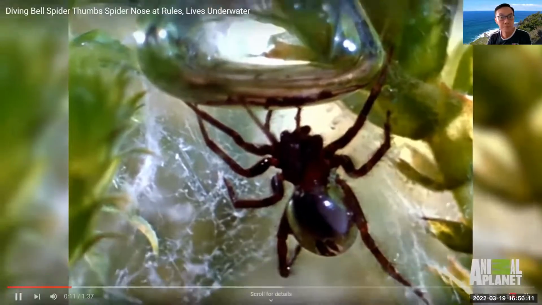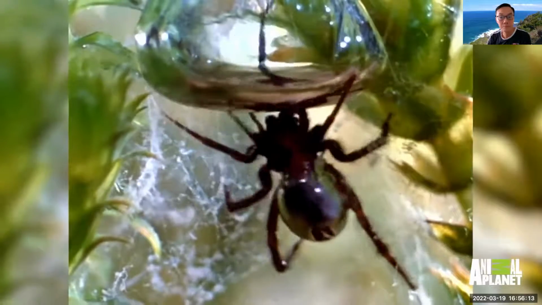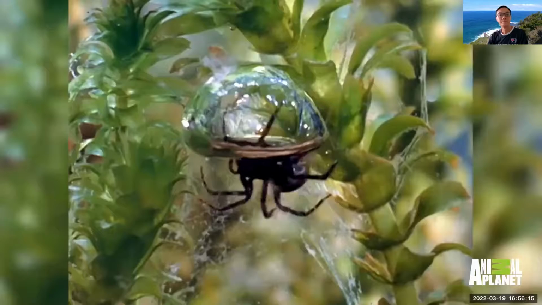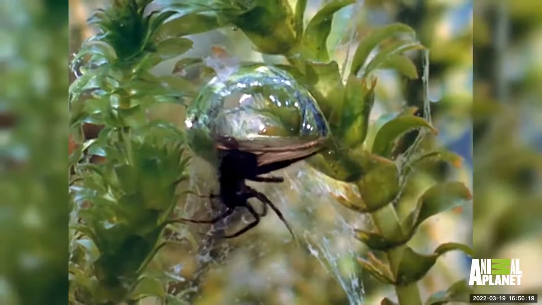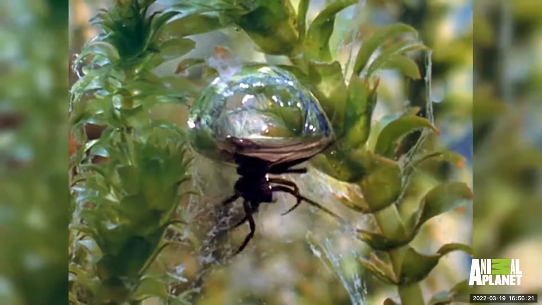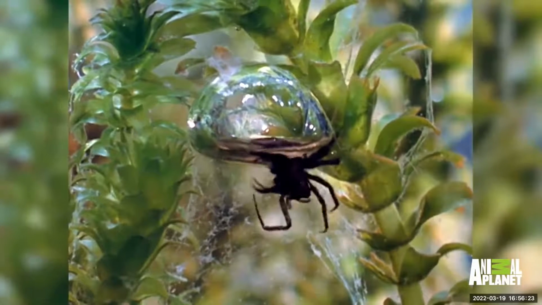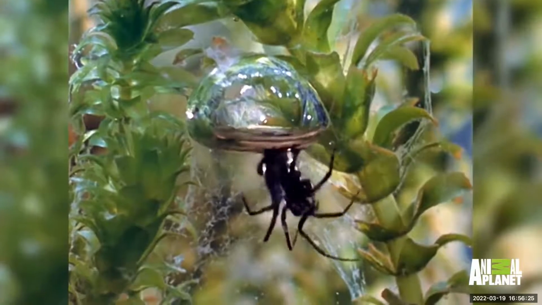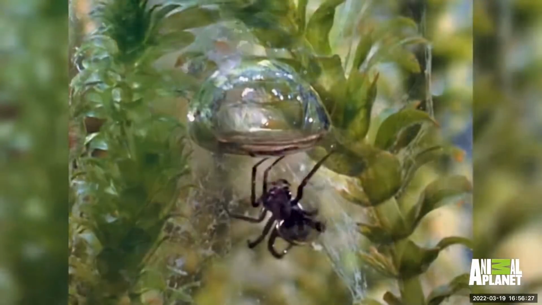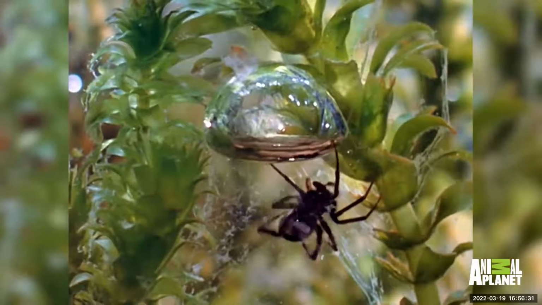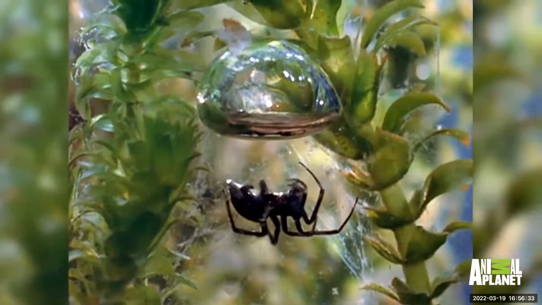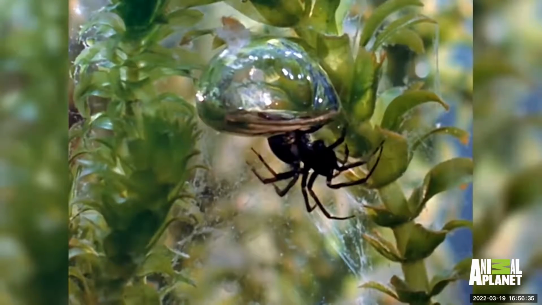The aptly named diving bell spider. It spends its life underwater, yet, like all its terrestrial cousins, it still has to breathe air. That's why it spins a fine woven net to trap a bubble that becomes the spider's oxygen supply and its home.